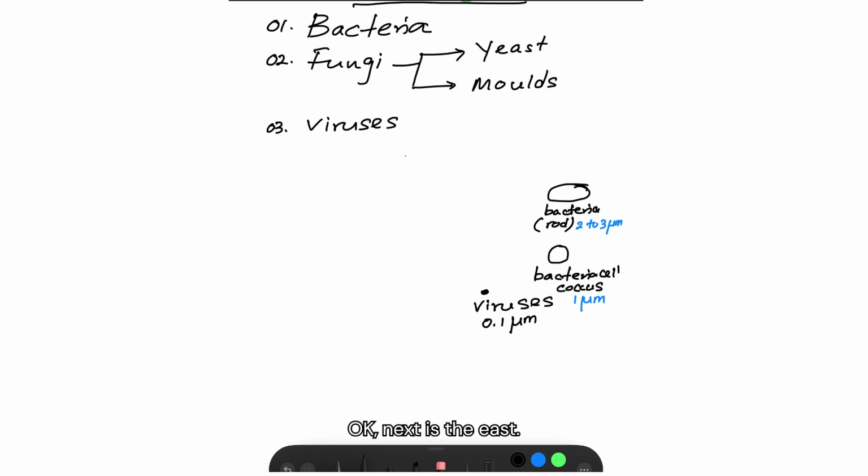Okay, next is the yeast. Yeast is bigger than the rod cells. This is yeast. The size is around 5 to 8 micrometers.